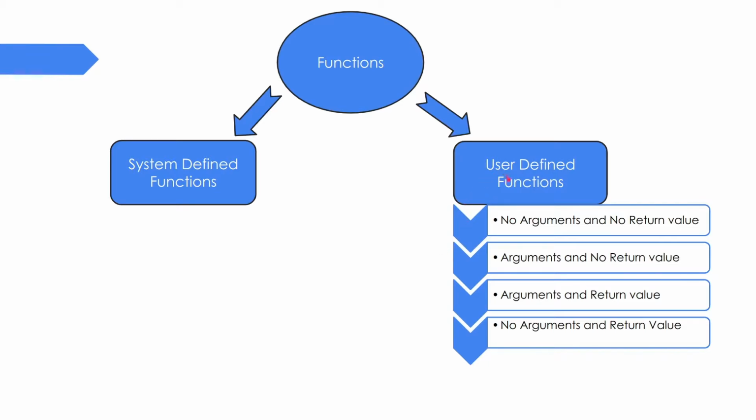And user defined functions are normally the functions that we as users write, and those are basically divided into four types: no arguments and no return value, arguments and no return value, arguments and return value, no arguments and return value. Maybe at this point in time you may not understand this, but slowly we'll dive into these four things and try to understand what exactly they are.